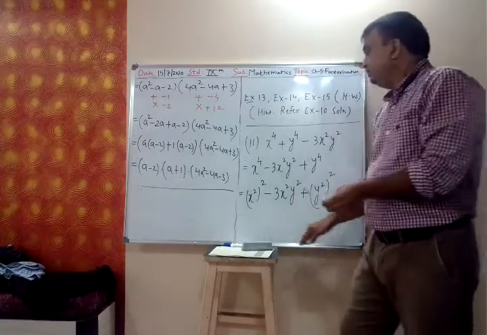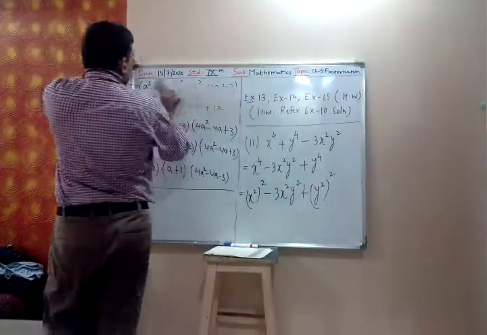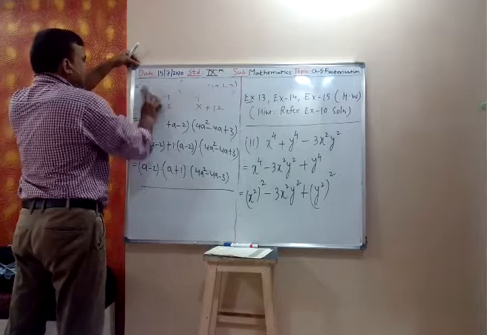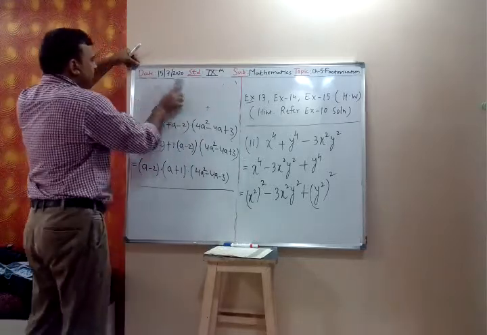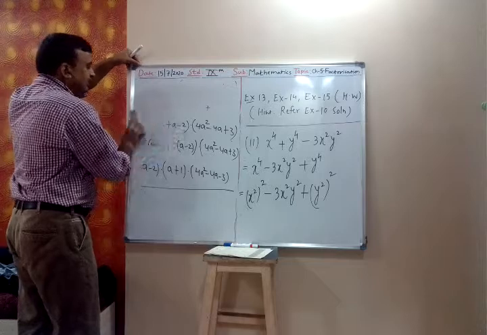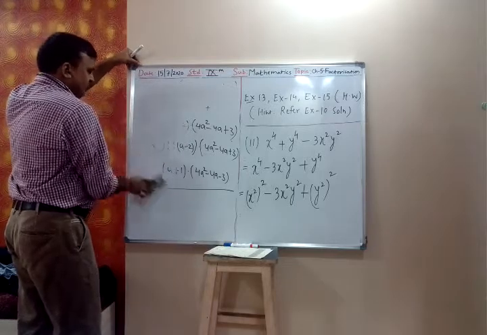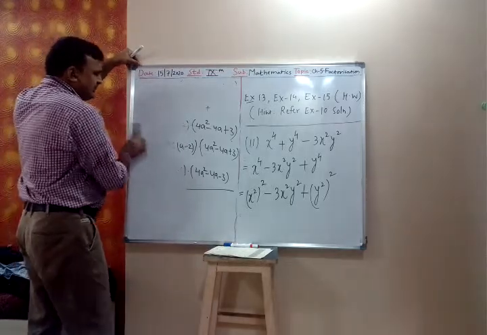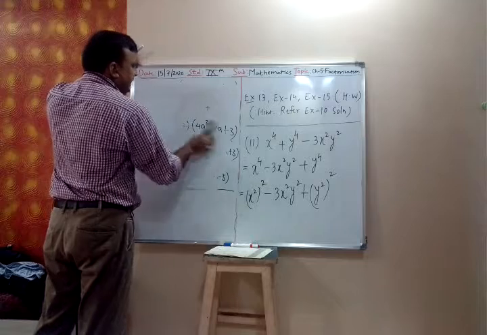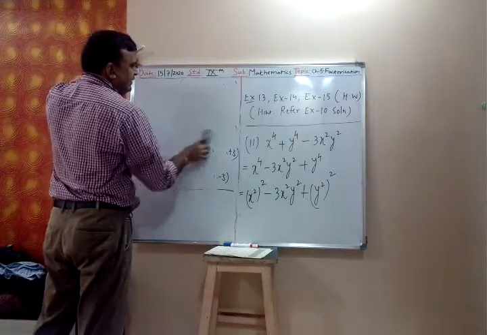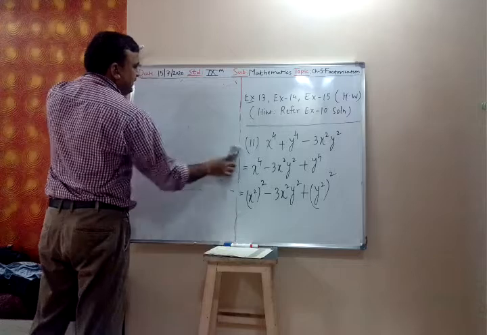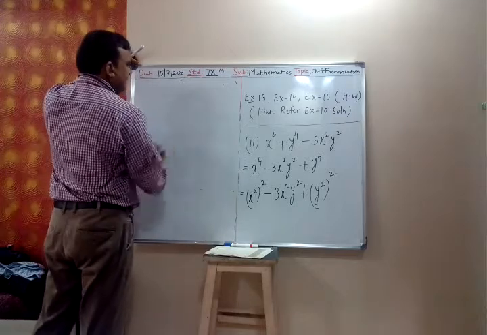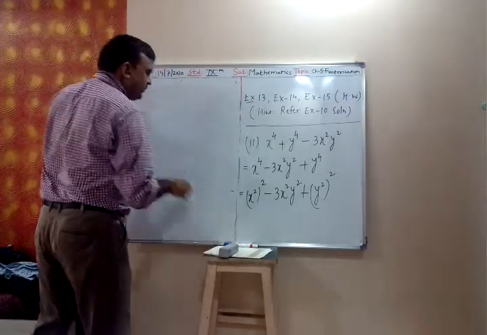Next step. How does a minus b whole square look? A minus b whole square has 2ab in the middle. The middle term I want is 2ab, but I have 3. So I will split the middle term minus 3 as minus 2 and minus 1.